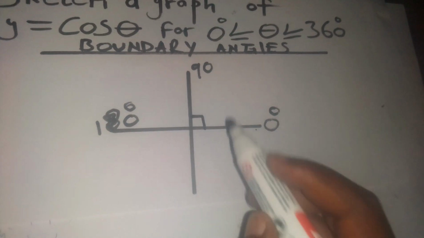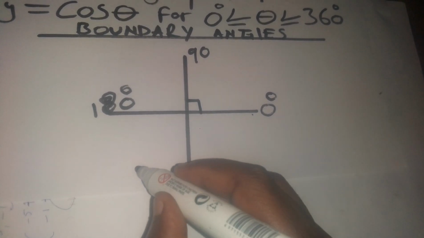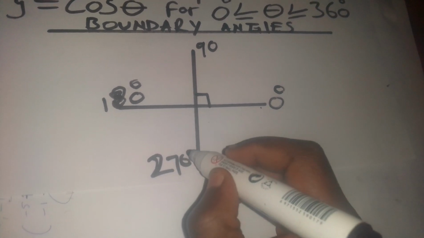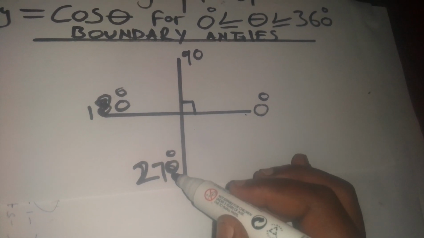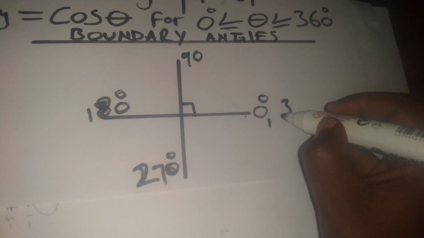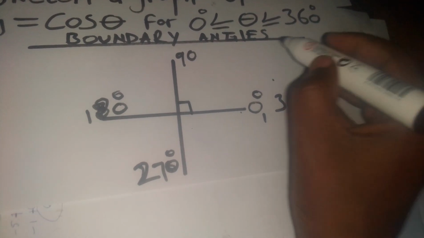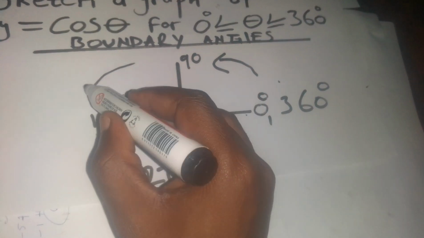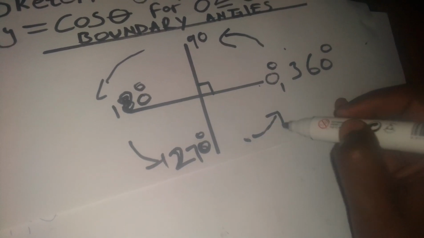From 180 degrees we add again 90, we get 270. Then from 270 degrees we add 90, we get 360 degrees. You see that? So we are moving in this direction, which is called the anti-clockwise direction.